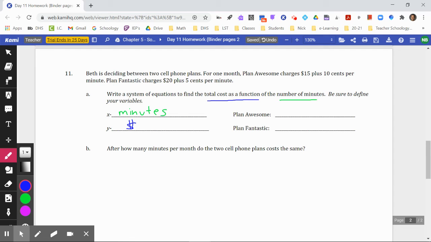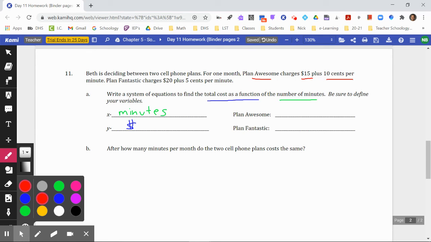Now we have to write our two equations for Plan Awesome and Plan Fantastic. If we read these sentences again, Plan Awesome is $15 plus 10 cents per minute. There's that key word for the slope, per. So this is going to be our slope-intercept form. For Plan Awesome, y is equal to 10x plus 15.